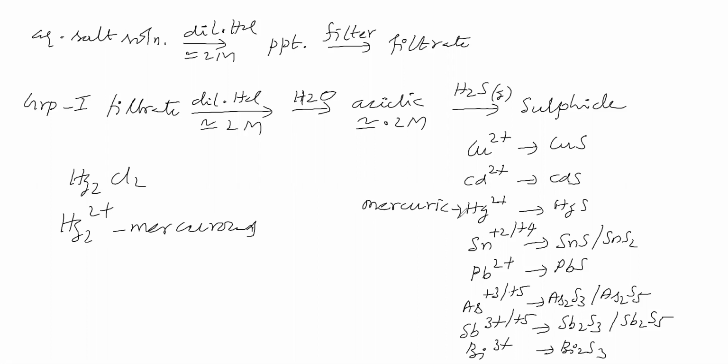Next, regarding lead. We said that in group 1 lead precipitates as PbCl2. So Pb2+ is a group 1 radical.